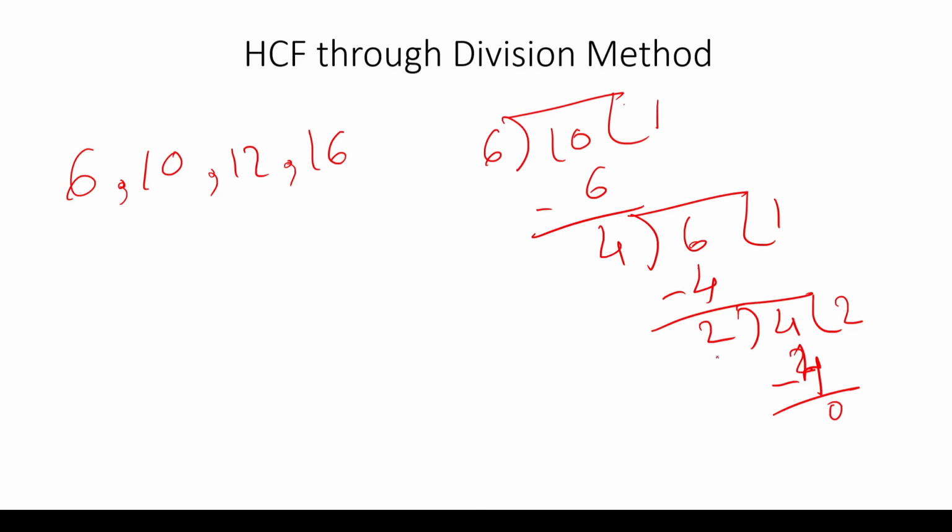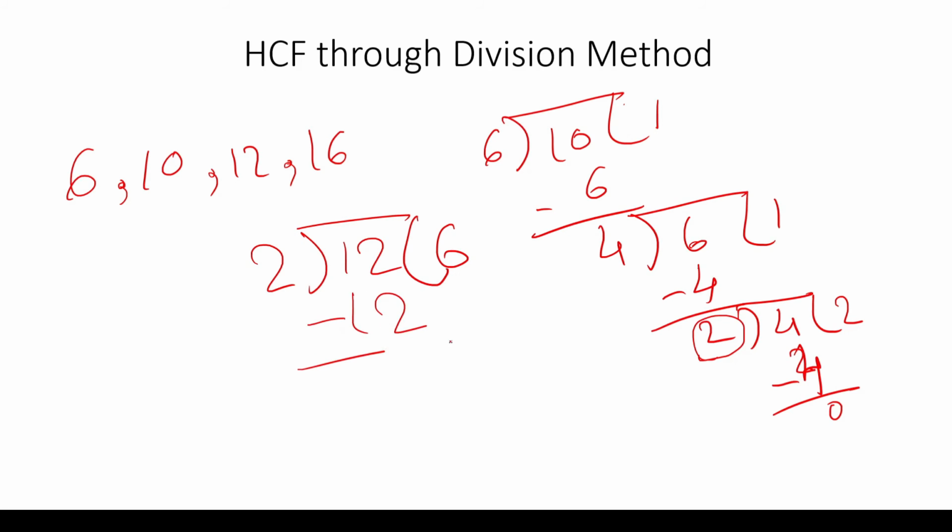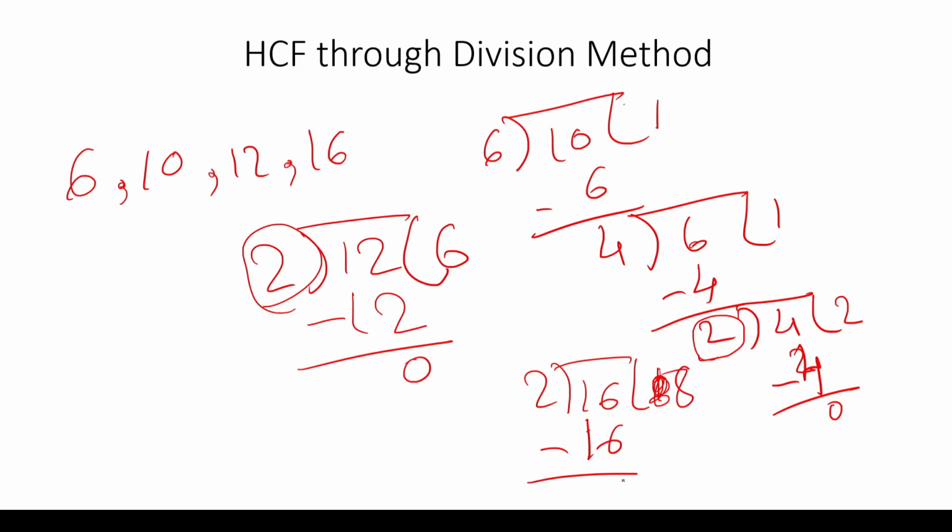Next we take the last divisor, 2, and divide it with the next number, 12. Here the remainder is 0. Then again we take the last divisor and divide the next number, 16. So the last divisor now is 2. Hence 2 is the HCF of all of these numbers, 6, 10, 12 and 16.